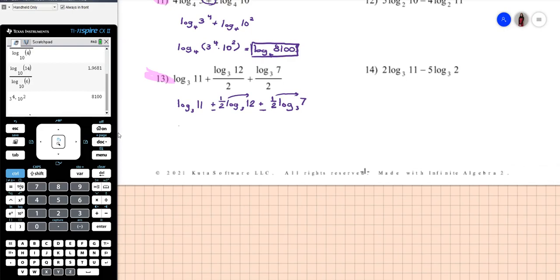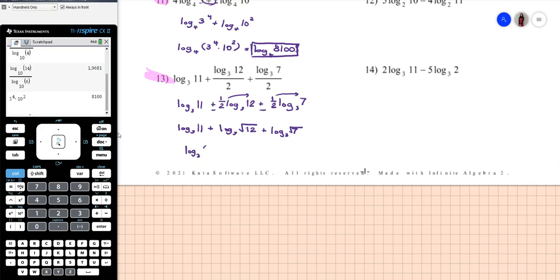So I have log base 3 of 11 plus log base 3 of the square root of 12. Remember, anything to the 1/2 power is a square root, plus log base 3 of the square root of 7.